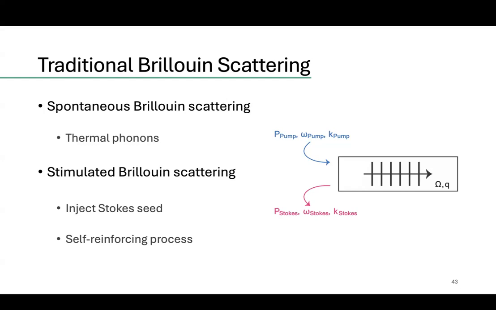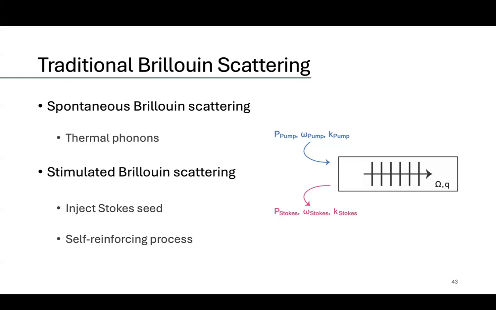That Stokes light then beats with the pump, creating an optical beat note, which serves to reinforce the acoustic field, which then causes more Stokes and then more reinforcement of the acoustic field. There's an exponential increase in this process up to a point of pump depletion effects.